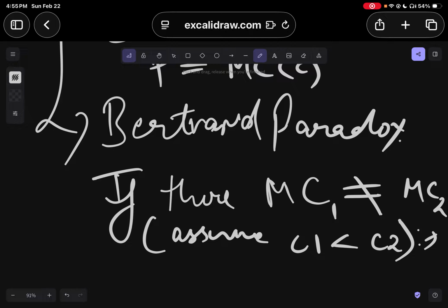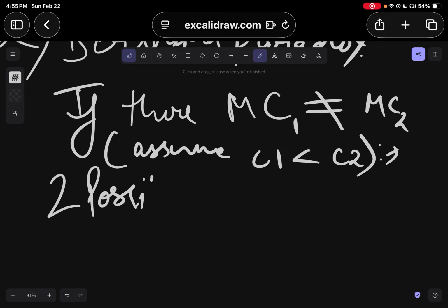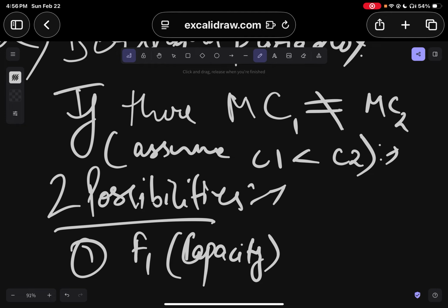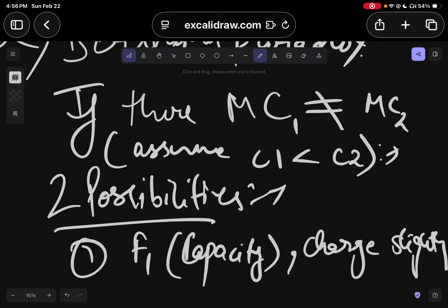One is firm 1 has enough capacity, then it will charge a price slightly less than C2 and become the monopoly in the market. Firm 2 will be ruled out. If the firm does not possess enough capacity, then it will accommodate firm 2 by charging C2. In this case, firm 1 will make supernormal profit, but firm 2 will make normal profit.